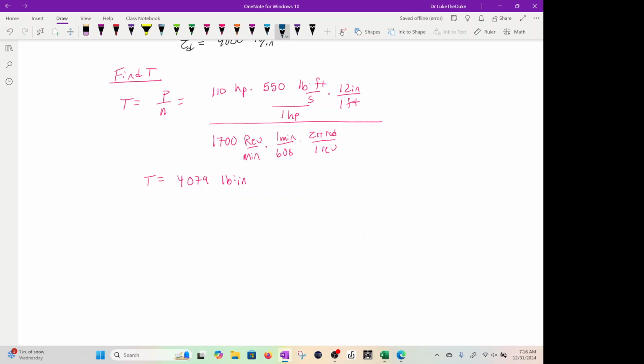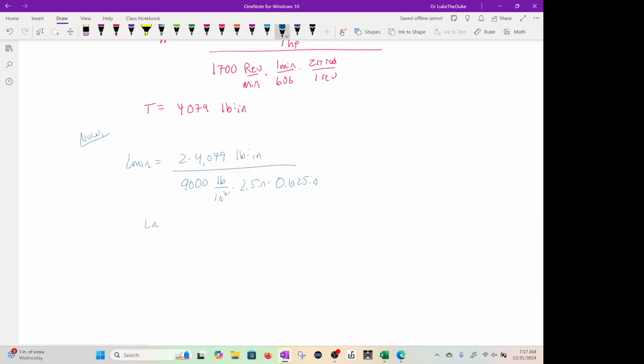All right, now we can plug them in. L min equals 2 times 4,079 pound-inch over 9,000 pounds per inch squared times 2.5 inches times 0.625 inches.